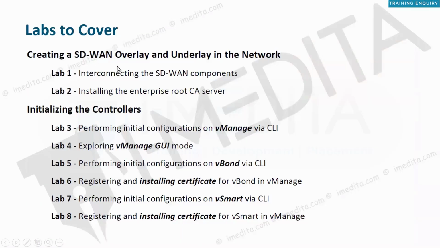These are the labs that we are going to cover: creating the SD-WAN overlay and underlay network, interconnecting SD-WAN components, installing the root certificate, initializing the controllers, vManage, vBond, vSmart.